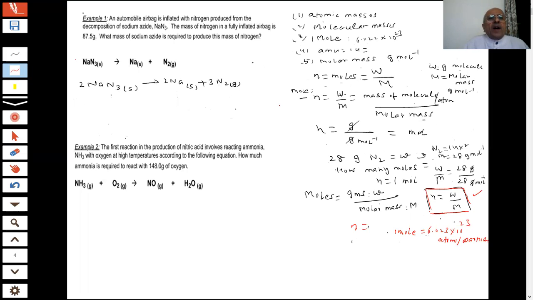Okay. Now this question is before us on the screen, students. It's from the questions which you sent me in the mail. Now, how will we do this question? It says an automobile airbag is inflated with nitrogen produced from decomposition of sodium azide. You know, in cars they now have safety balloons that contain sodium azide.